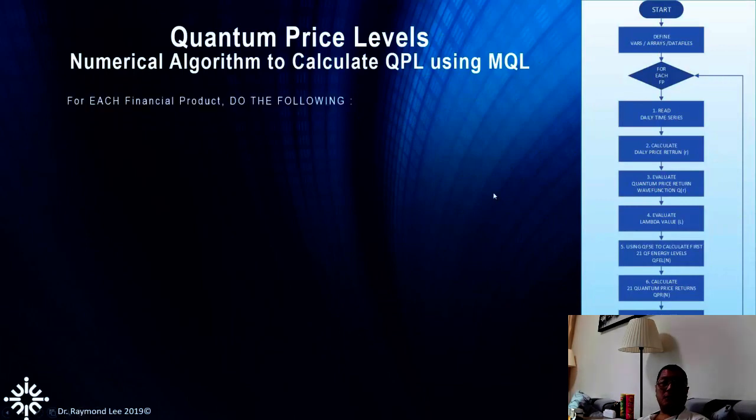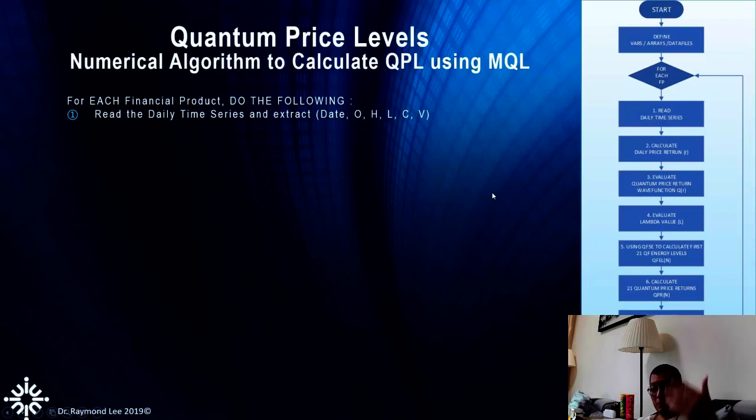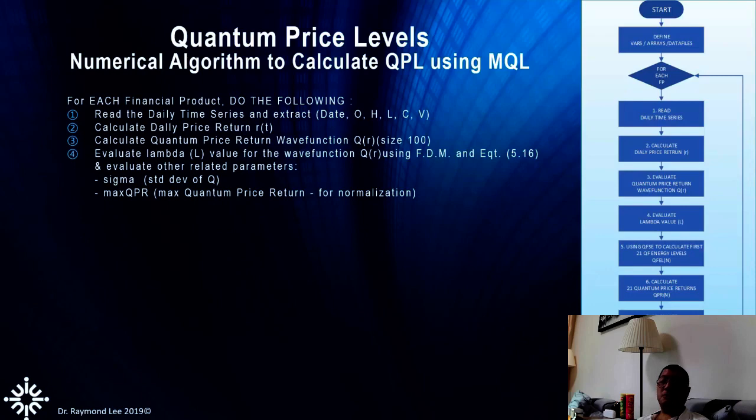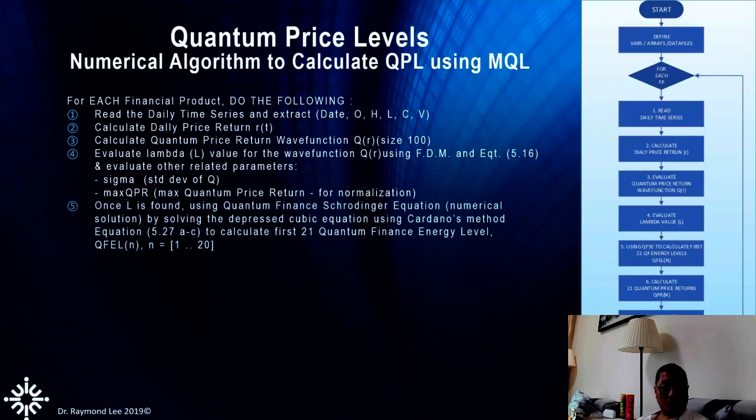Once you do that, you can write a whole algorithm to compute all the energy levels for every single product. First, with the data series, calculate the price return and plot the graph, which means calculate the wave function, and calculate all the parameters, right? The sigma, which means the mean and standard deviation, and also the Q value, and do the normalization.